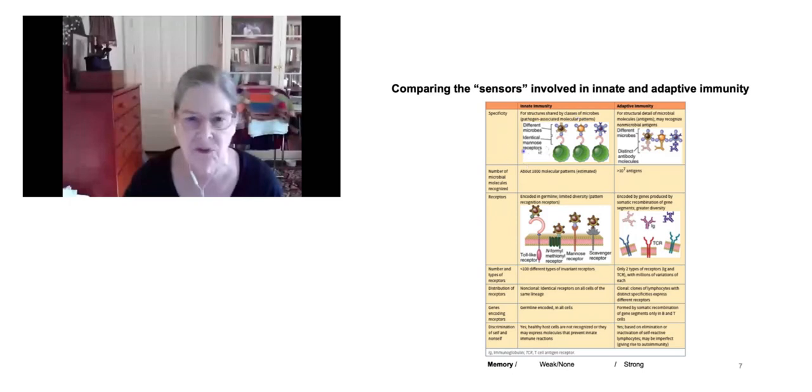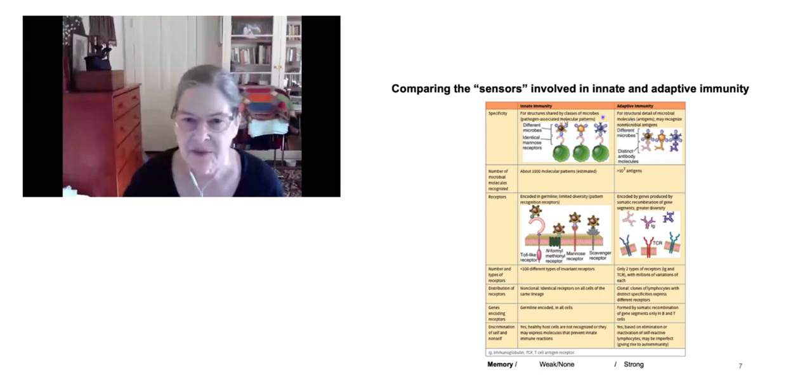So, for instance, they'll be specific for clusters of mannose, which could be on a lot of different microbes, because on our cells we don't have highly clustered mannose residues, side chains. So, as a result, they'll respond to that.